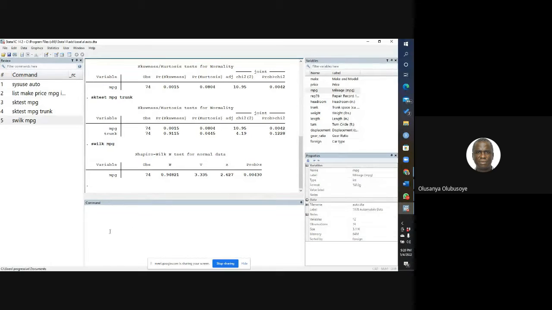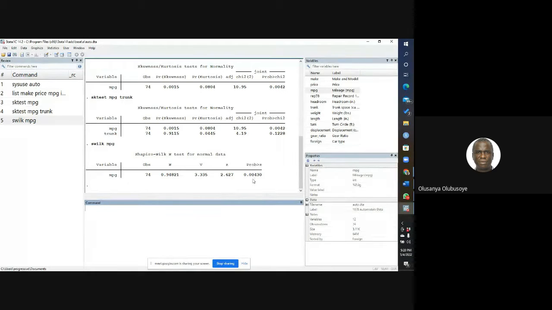Great. We are using another test now, the Shapiro-Wilk test. It uses three parameters, the W, the V, the Z, and then the p-value.